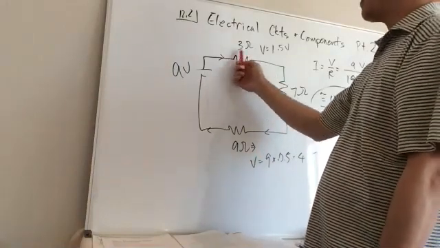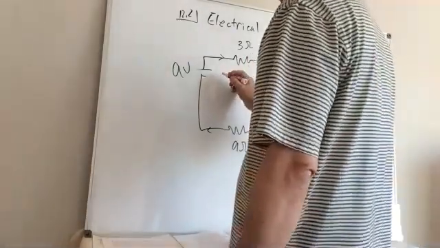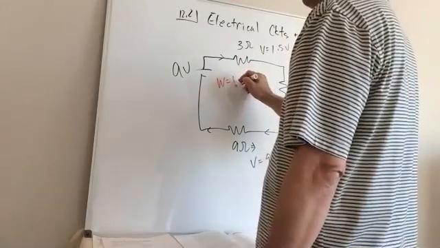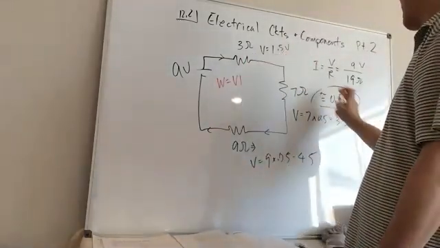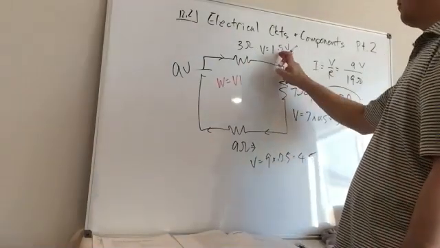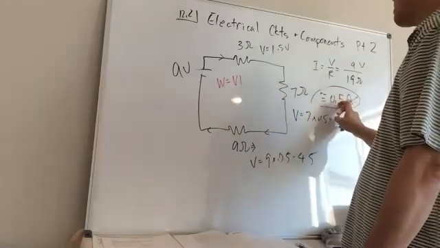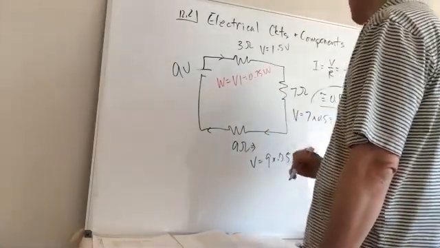Another thing that I could possibly ask you is, what is the power consumption across this guy? What is W, right? W was equal to VI, correct? So it's going to be this guy times this guy. The voltage drop across here was 1.5. 0.5 times that is going to be equal to 0.75 watts.